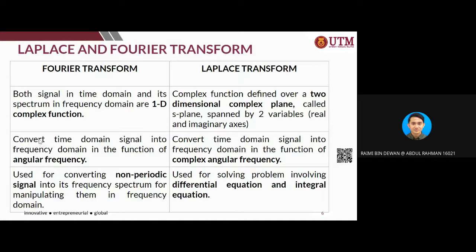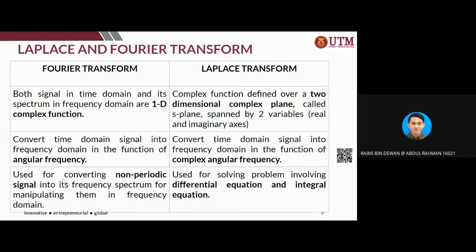Fourier transform converts a time domain signal into the frequency domain as a function of your angular frequency, which you call omega. Am I correct? Angular frequency is omega. While in the Laplace transform, we convert a time domain signal into the frequency domain as a function of complex angular frequency. Complex means you will have real and imaginary values.